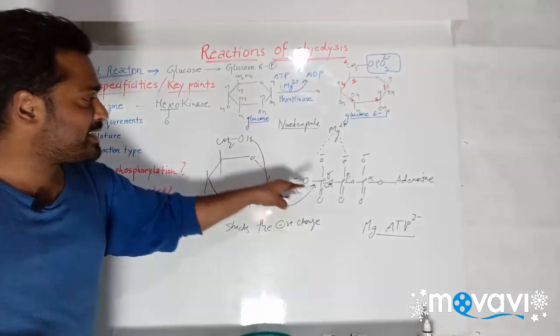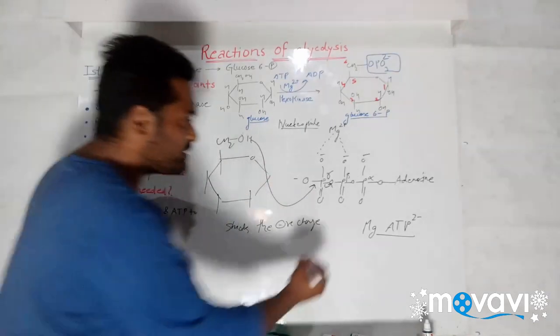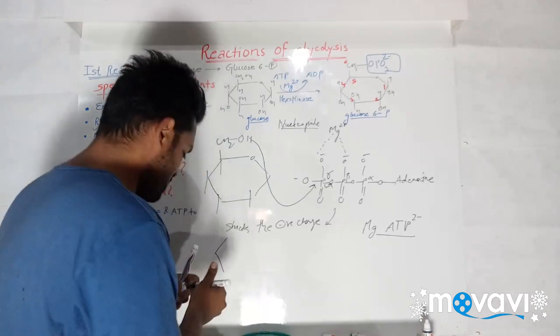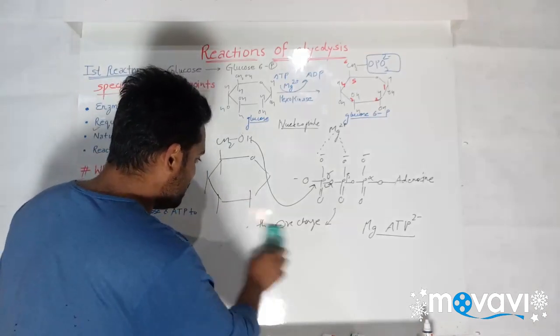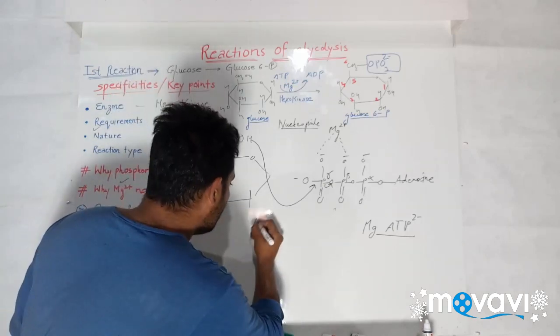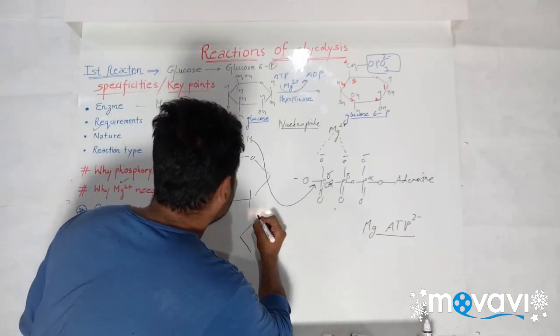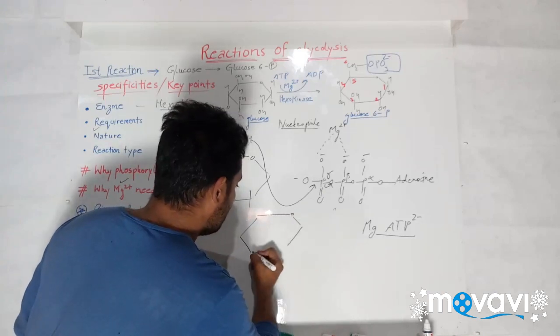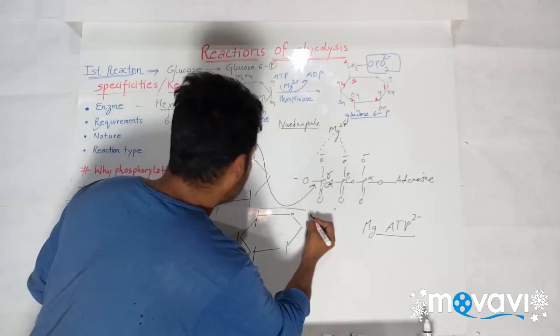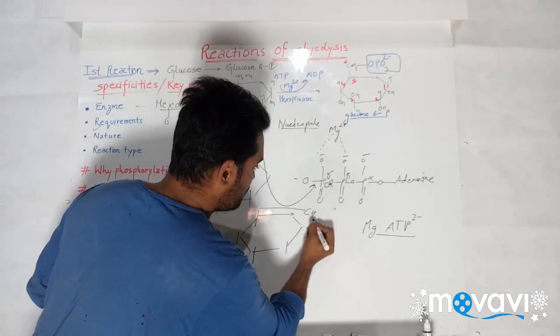So now it has attacked here. What would be the result? The result is, I remove this first. It would make phosphorylated glucose.